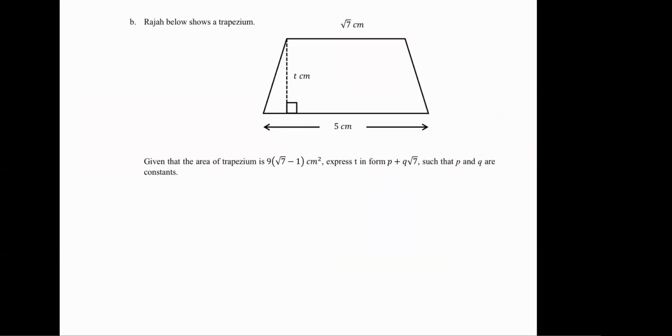Okay, this one, given the area of the trapezium is this, express the T in form of this such that P and Q are constant. So area, I think you should know the formula of the area of a trapezium is 1/2 A plus B times C. Okay, what is your A and what is your B is here.